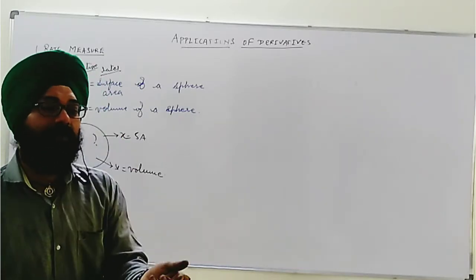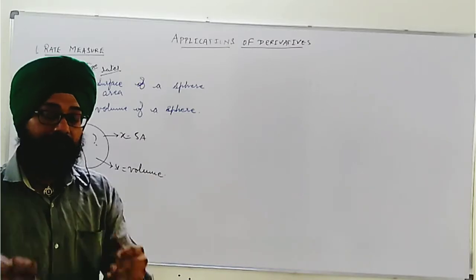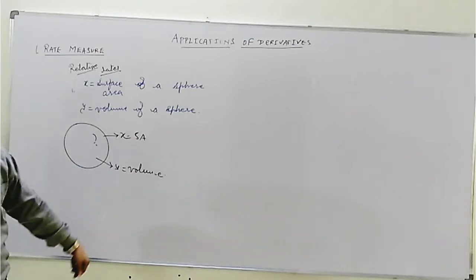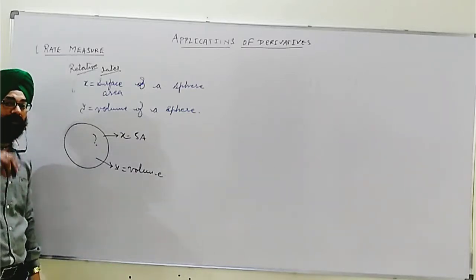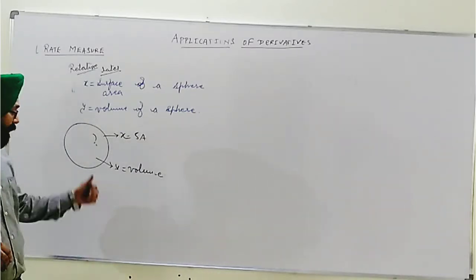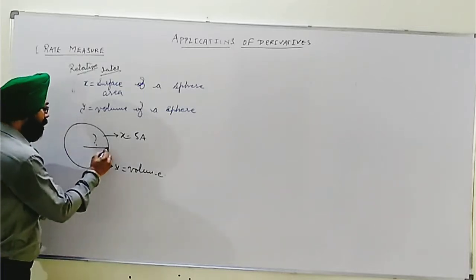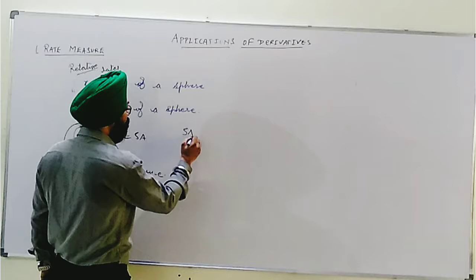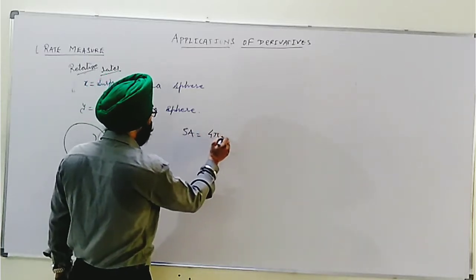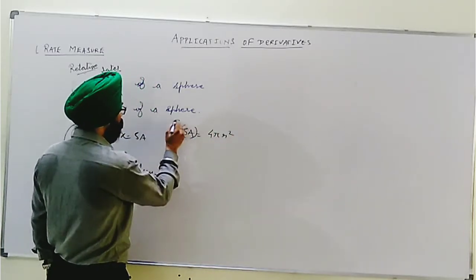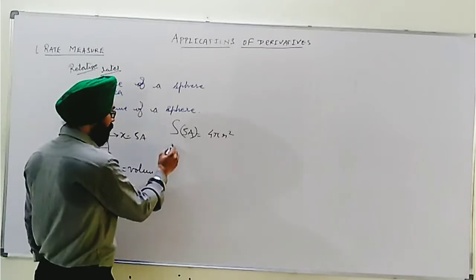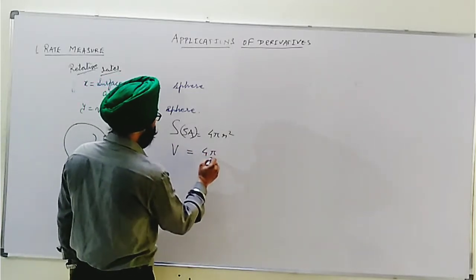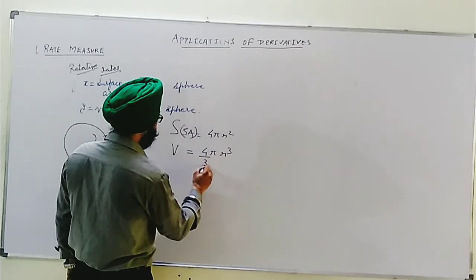Why may this question arise? Because the volume and surface area of a sphere are not directly related. They are dependent on one common unit, r, the radius of the sphere. The surface area of the sphere is 4 pi r square, denoted by s, and the volume is 4 pi r cube divided by 3.